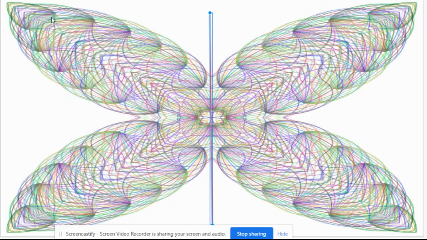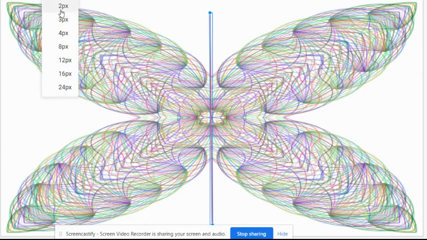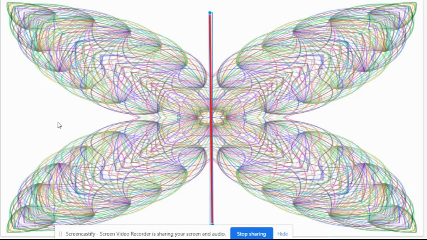And I'm just going to make that line a little bit thicker so that we can see it clearly. If we were to fold the left side to the right side, you'd notice that those sides would match up perfectly. So that's one line of symmetry.